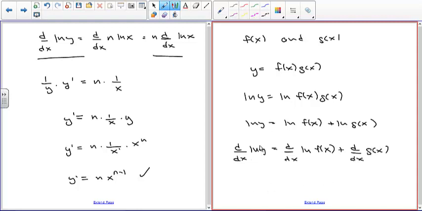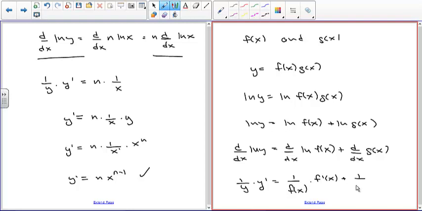On the left-hand side, I use implicit differentiation. The right-hand side, I just use the chain rule. So what I get is 1 over f of x times f prime of x. So I take 1 over this argument times the derivative of the argument, and the same thing's true here.